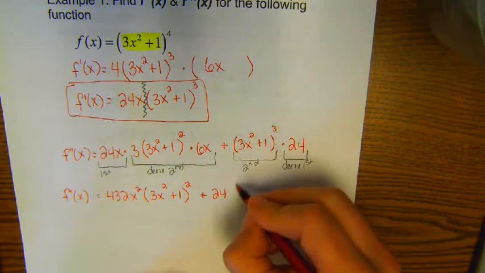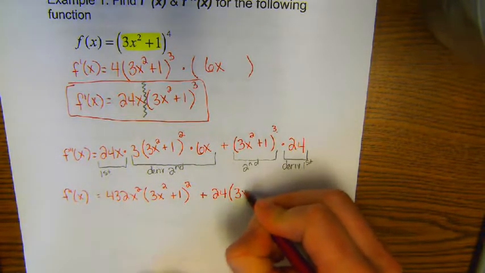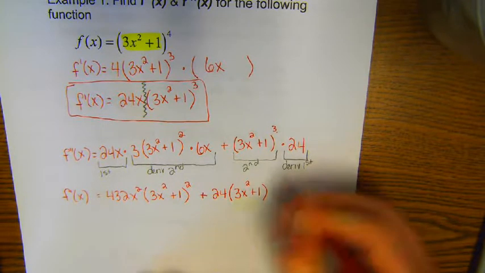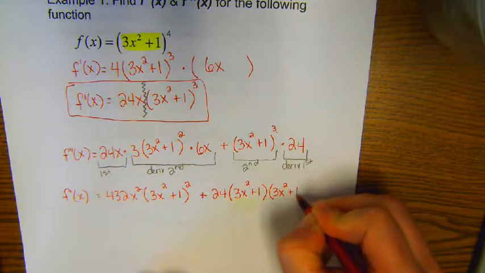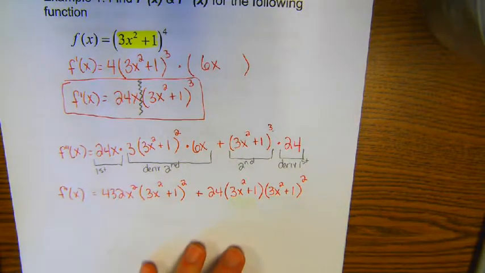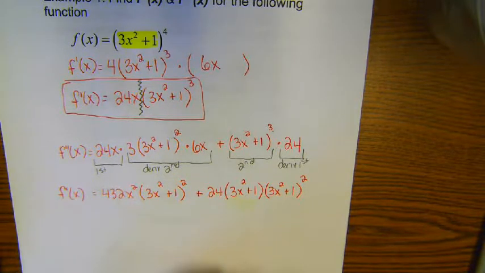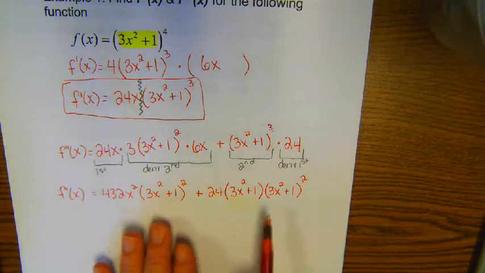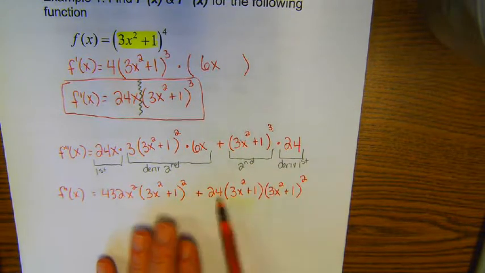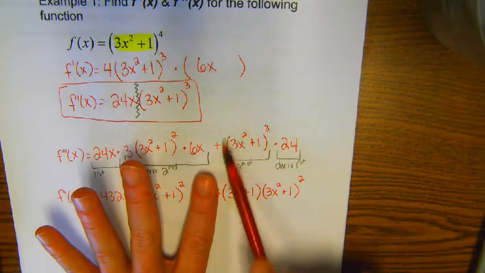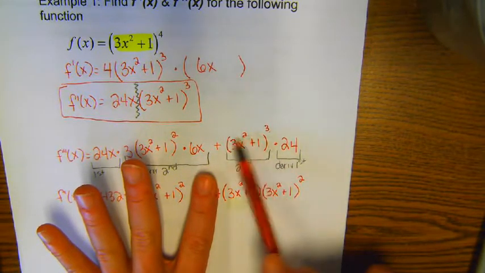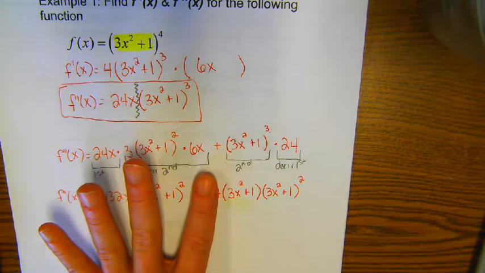So I'm going to rewrite that as 3x squared plus 1 times 3x squared plus 1 squared. I know you don't know why yet. So this is my 24 right here. This is just this rewritten. Does that make sense? Because to have a third power, that means to have 3 factors of it.